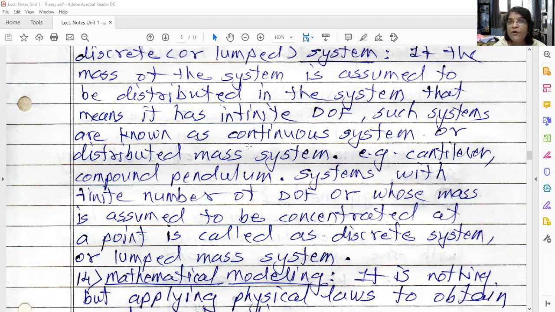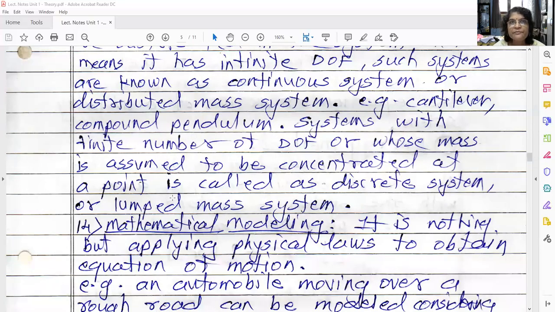But for a continuous system, we require partial differential equations, so it is very difficult to analyze. So we convert these continuous systems into lumped mass systems, and then we analyze for vibration. For UG level, in this dynamics of machinery, we have to study only lumped mass systems. Continuous systems are for PG level.